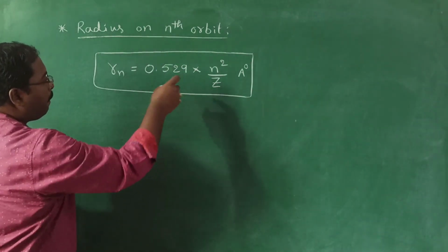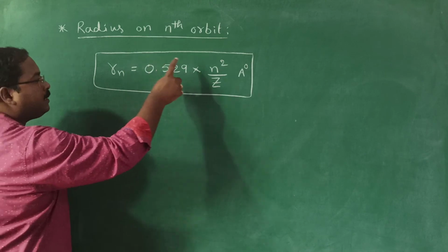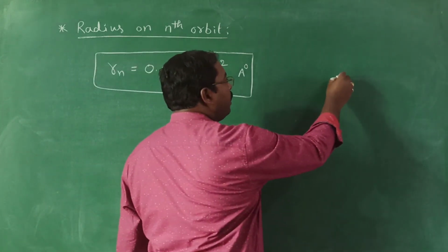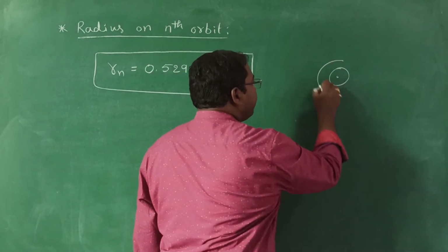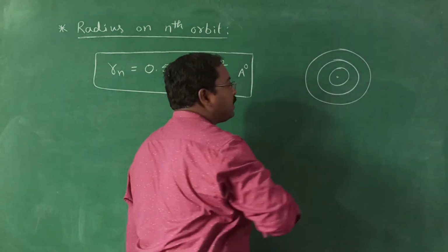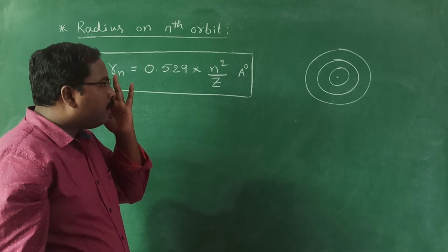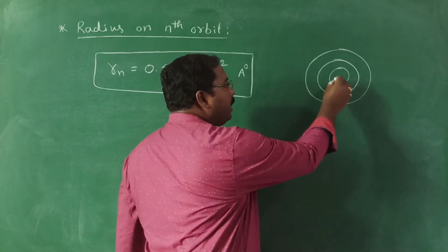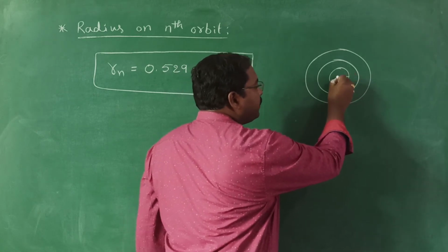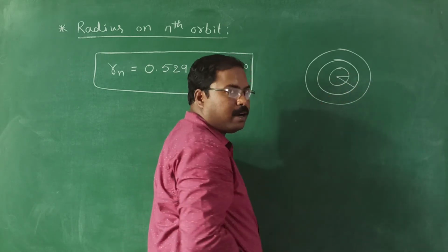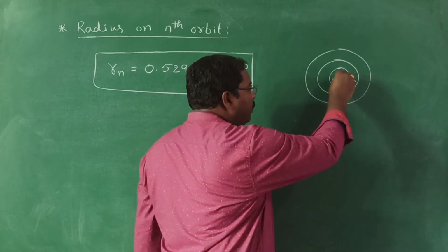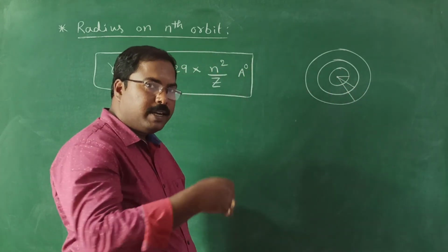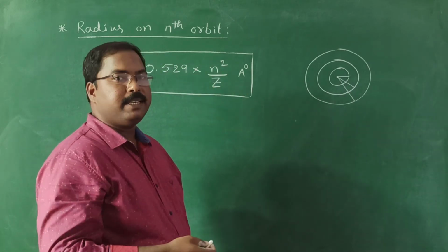Okay. So we came to know that radius is directly proportional to orbit number. Correct or not? Because everybody knows how the structure of the atom is. From this diagram it is very clear. When compared to the first orbit, the radius of the second orbit is more or not? Even when you come to the third orbit, its radius is even more. Compared to this, the fourth orbit radius is even more.